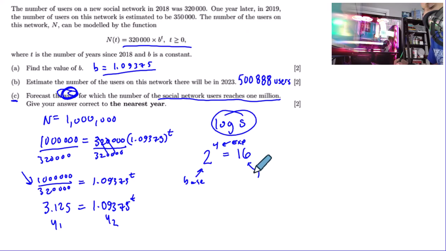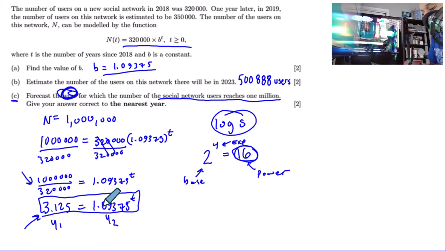The power is just what happens when you multiply it. So you see, this exponential expression is in the form of finding the power. This is what you're used to seeing.